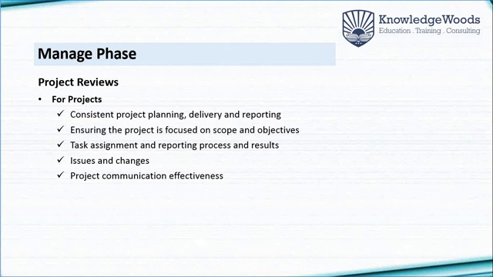They should not deviate from the scope and objectives that have been finalized. Also, how task assignment and reporting processes are adhered to, how issues and changes are managed, how the communication is flowing, any improvement required in the communication channels, and whether everybody is satisfied with the information they are getting.